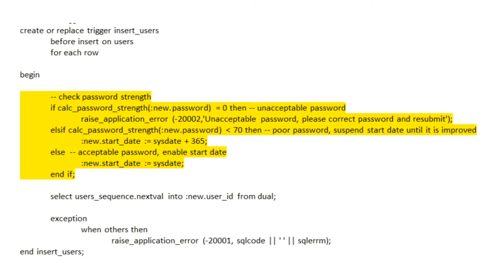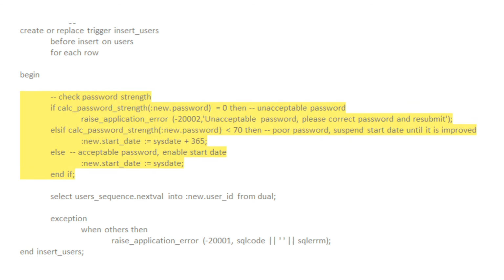If we go back and again review our code, we see that this insert will now complete, but the effective start date for this new user will be set to 1 year into the future, thus effectively forcing them to upgrade their password. One can only hope that the user interface had a message to that effect, as we obviously didn't inform anybody of our business decision. It's a real-world example, but I didn't say it was a great one.